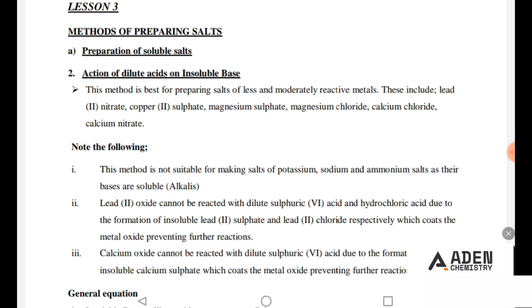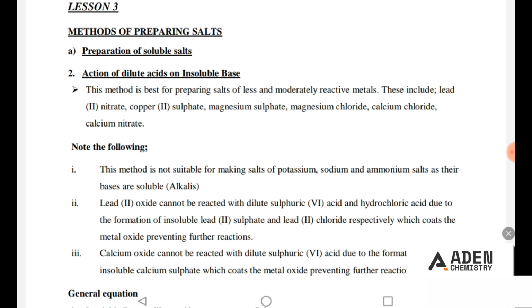So we are going to start with the second method of preparing soluble salts, which is action of dilute acids on insoluble bases. We're saying this method is best for preparing salts of less and moderately reactive metals.